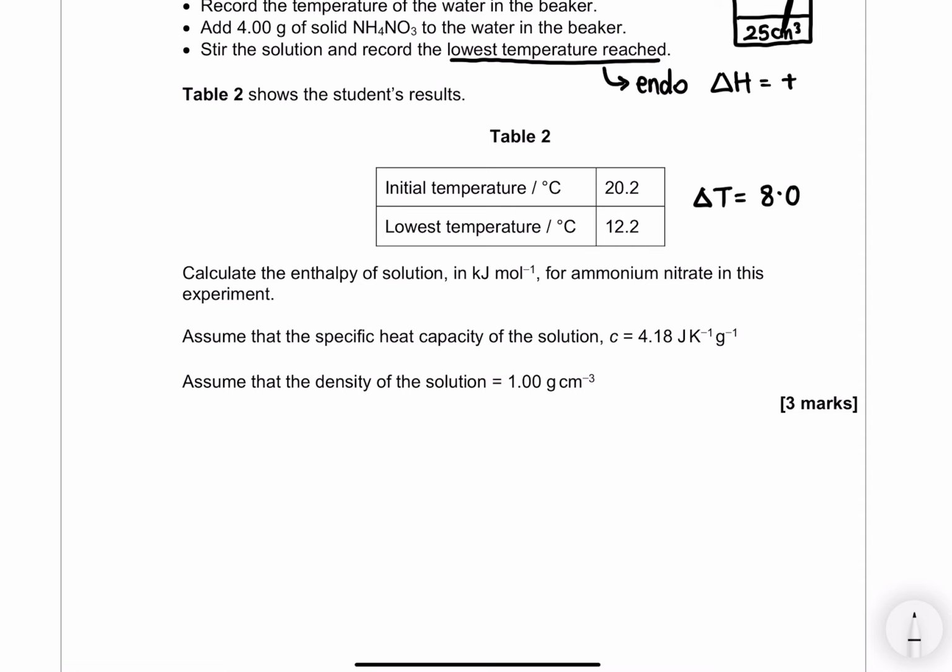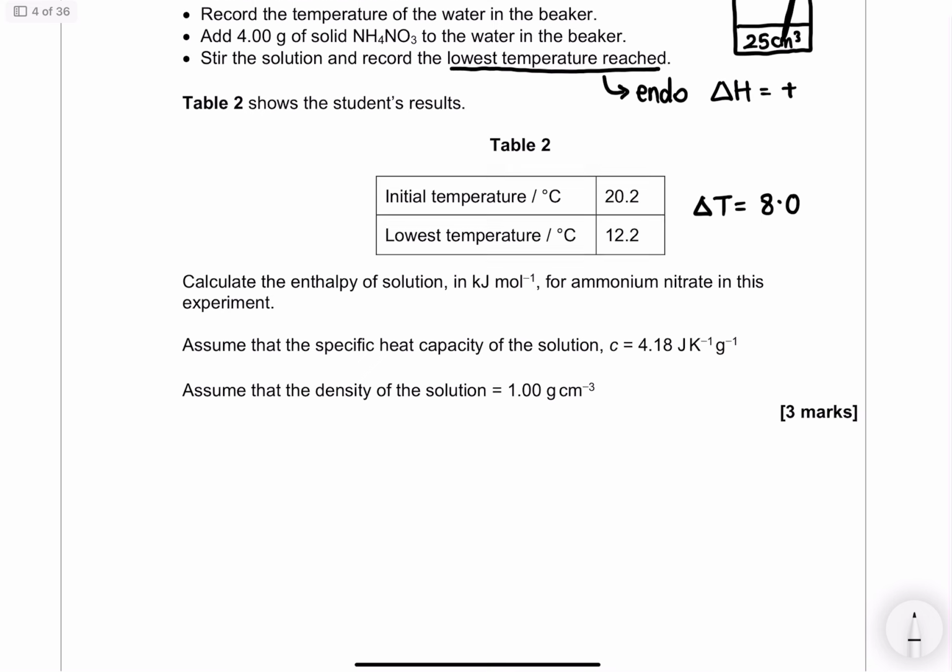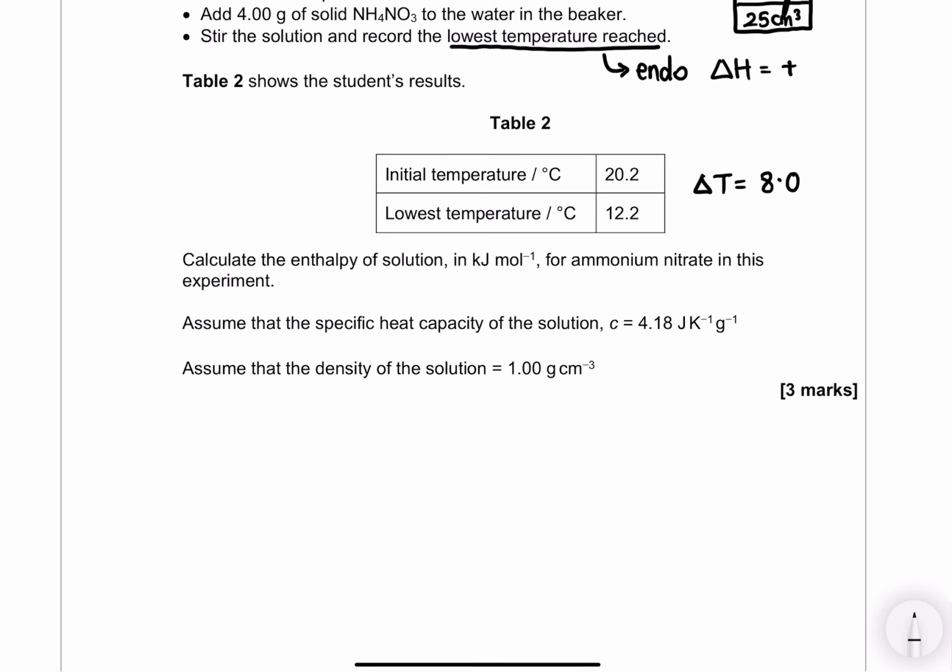It says calculate the enthalpy of solution with this experimental data, given that the specific heat capacity C is 4.18 joules per Kelvin per gram and the density of the solution is 1 gram per centimetre cubed. So therefore 25 centimetres cubed must be equivalent to 25 grams.